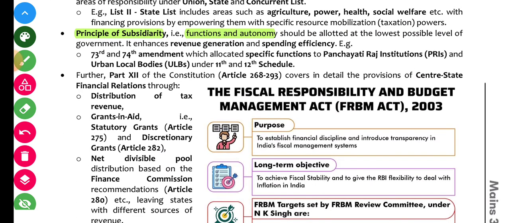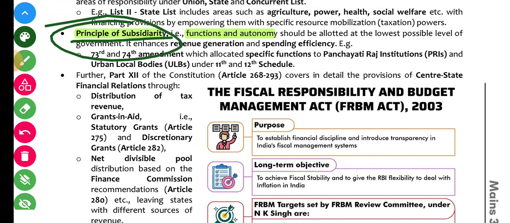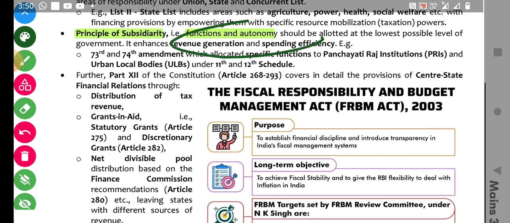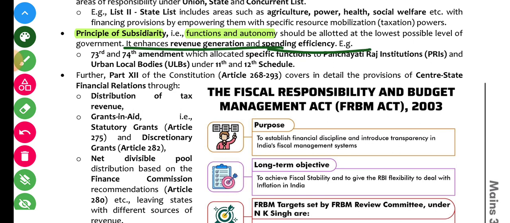Okay. Next is the principle of subsidiarity. This point is very important, that is, you can write in your answer. Principle of subsidiarity means the function and autonomy of the local areas, which can be decentralized by the union government towards the state and towards the local areas.